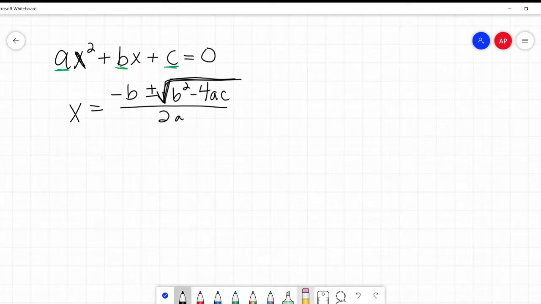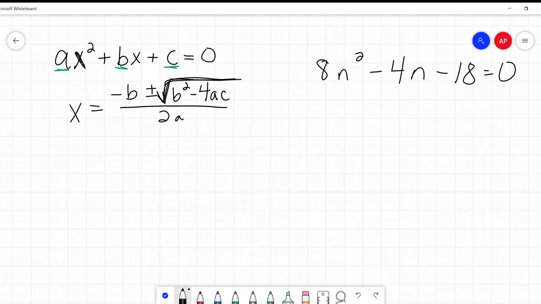Now, in some cases, there's absolutely no way we could possibly factor it. Here's one. 8n squared minus 4n minus 18 equals 0. Handy fact, for something like this, if you have a problem that equals 0 and there's a common factor in all 3 of these numbers, you can pull it out. You can divide it.